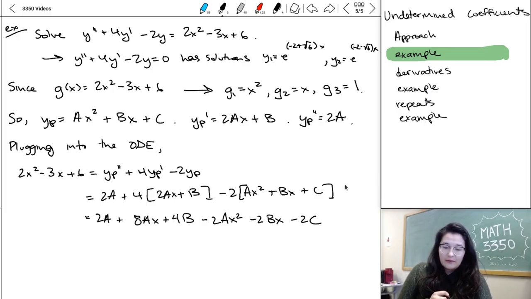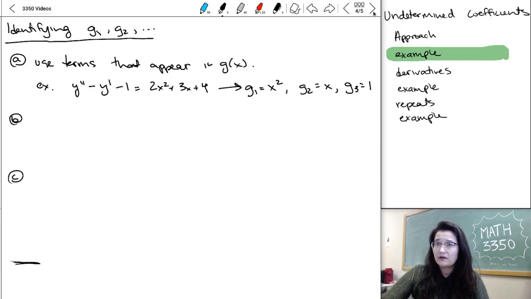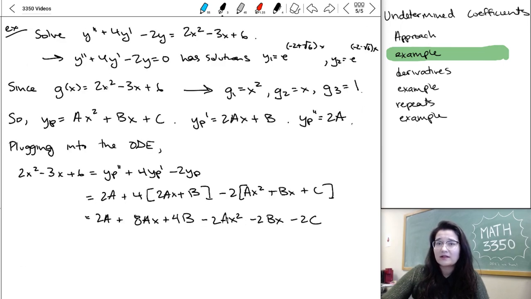And then real quick, I'm just going to flip back to the steps. Remember that we wanted to group like terms, and that means the things that are similar to the functions I've introduced. So what I want to do is I want to take all my x squared terms and group them up, all my x terms, group them up, so on and so forth.